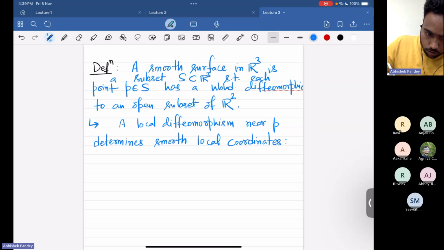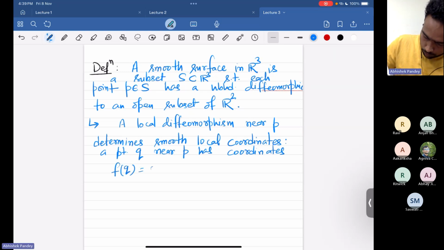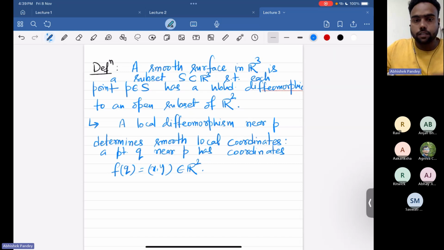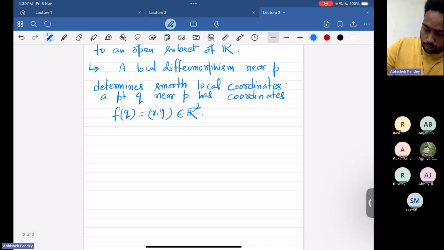By which I mean a point Q near P has coordinates, basically we are giving a coordinate under this diffeomorphism.